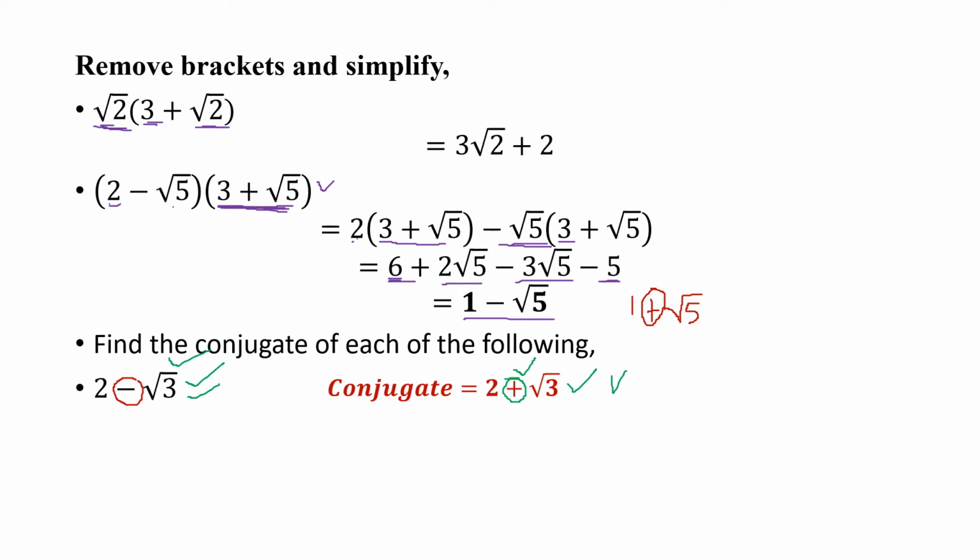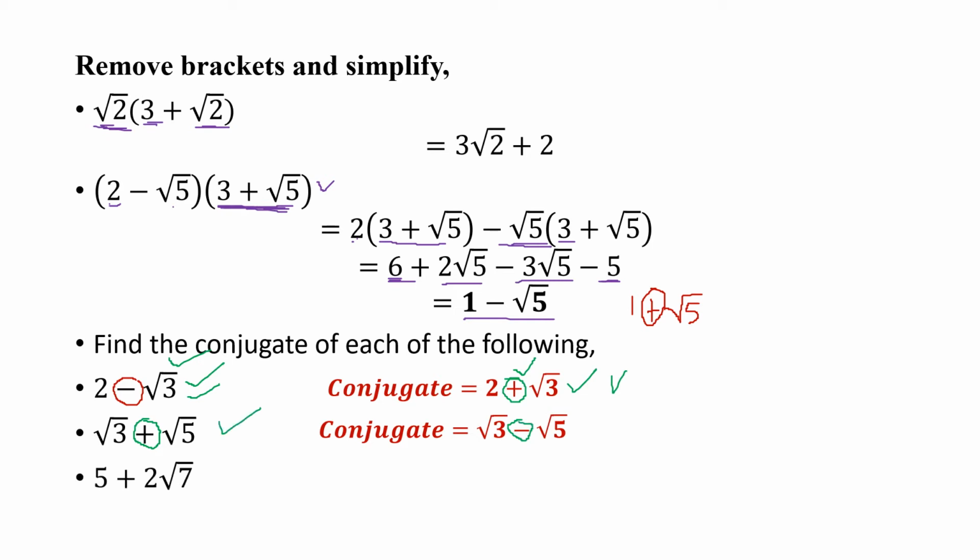Example 2, root 3 plus root 5. We just change this sign, and the conjugate is now root 3 minus root 5. This is now the conjugate of this one.